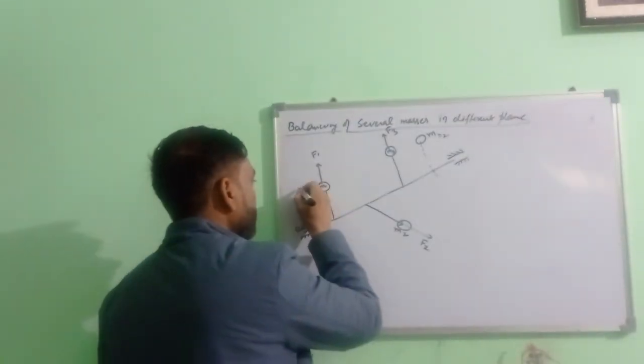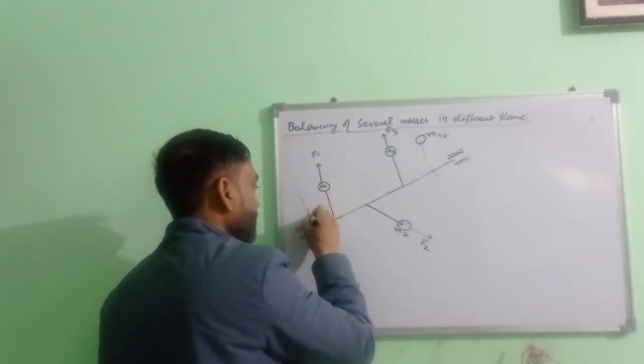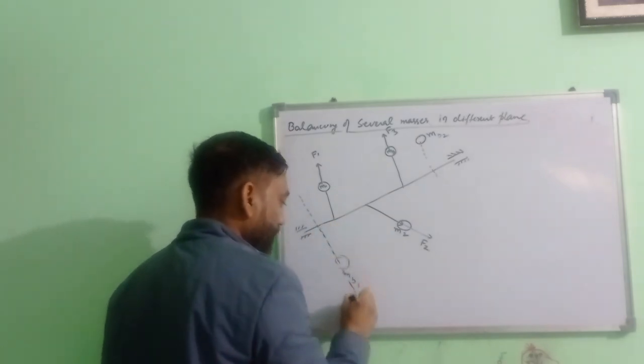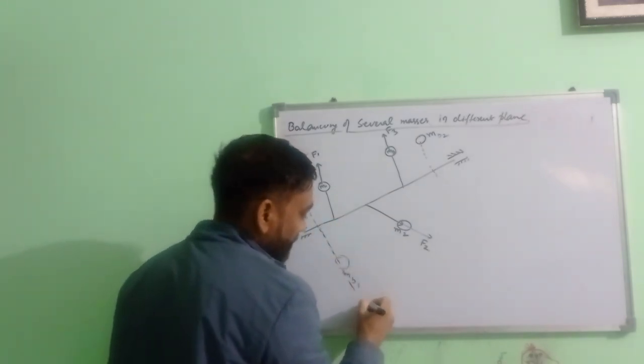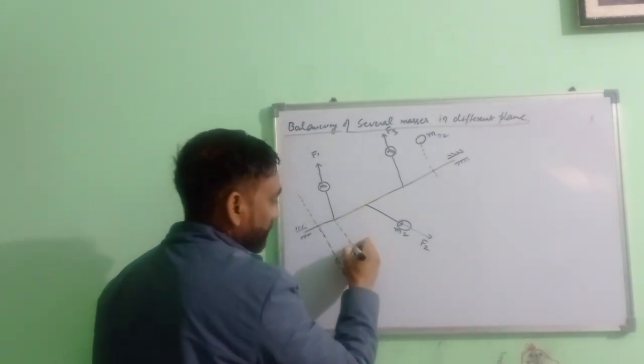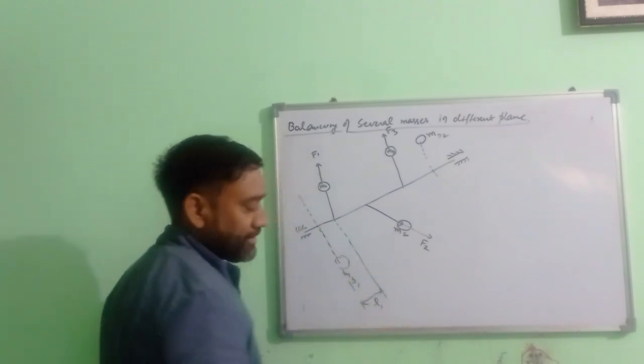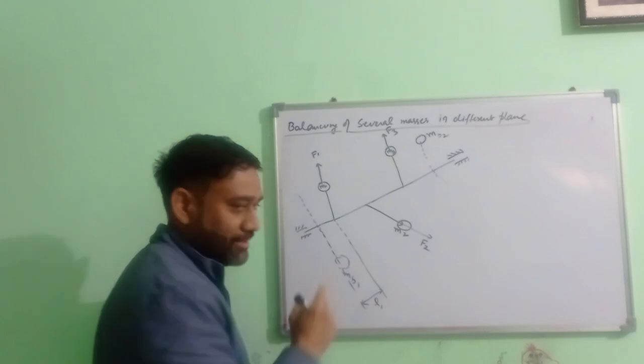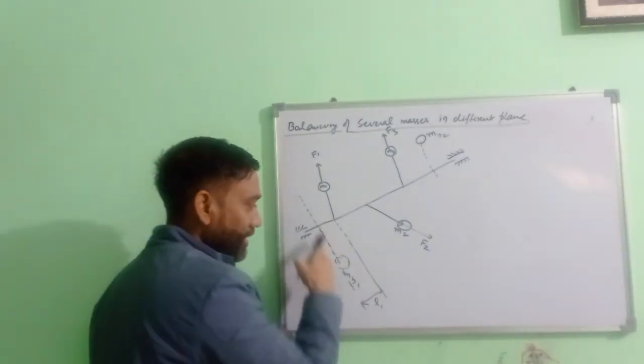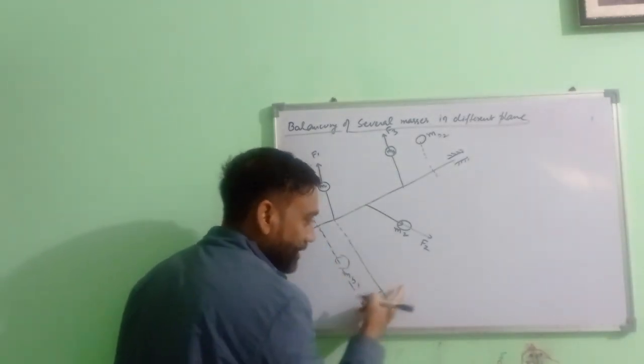For reference, we consider this as the reference plane. Here we consider the distance of the first plane. This is the distance for mass m1, the length l1, from the reference.